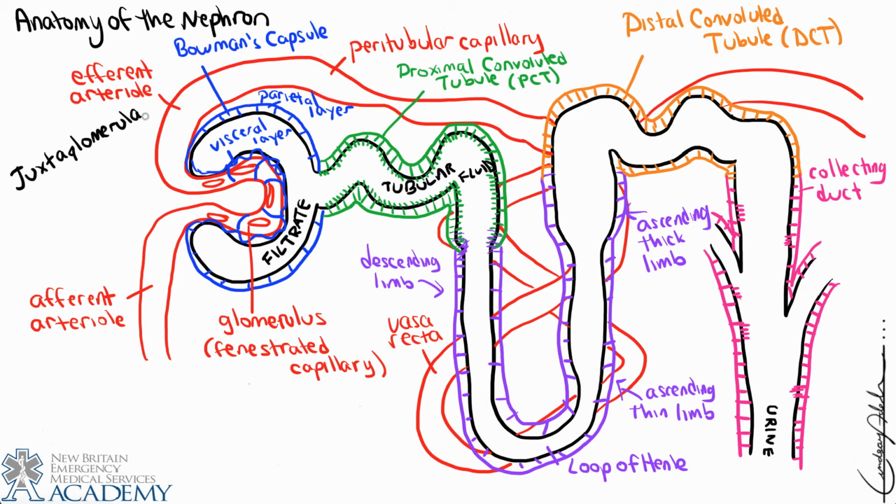One critical point about this drawing, maybe a limitation again of not being able to do it in 3D, is that even though we've drawn it as if there's a linear progression of the fluid, what actually exists in real life is the distal convoluted tubule is very close to, where I've drawn the arrow for the ascending thick limb and then it merges with the distal convoluted tubule, right next to the afferent arteriole. So think of it actually as folded up. That would be the normal baseline.